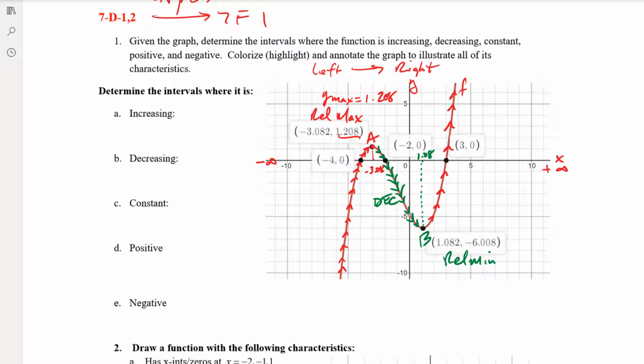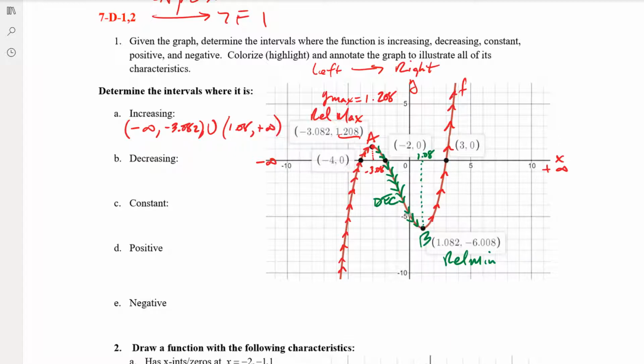Let's illustrate the intervals of increasing. From negative infinity to -3.08, and again, I have to approximate these open intervals. The other open interval is from the relative min at point B, which occurs at 1.08, all the way to positive infinity.